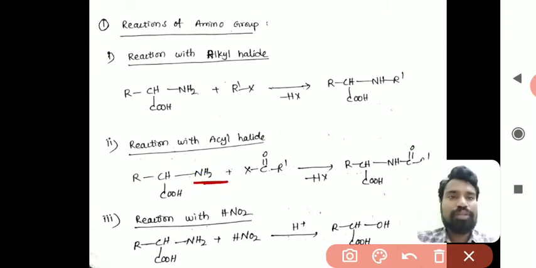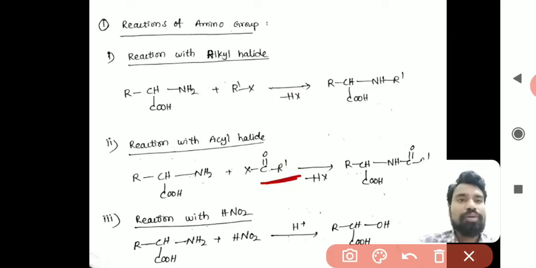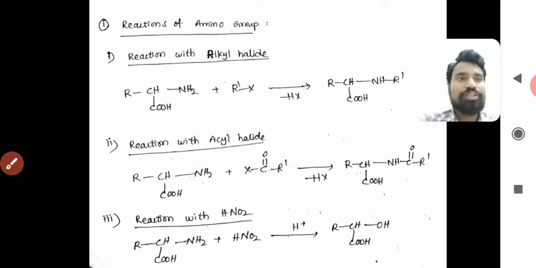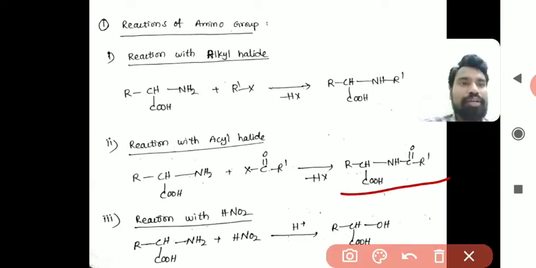The hydrogen from NH2 and the halogen from this acyl halide leave as HX, and then there is a bond formation between this R C double bond O and NH, right? This is NH C double bond O R dash. So this is amide bond formation, that is R1 C double bond O NH. So amide bond formation takes place in the reaction with acyl halide.